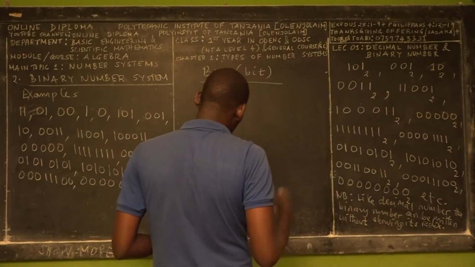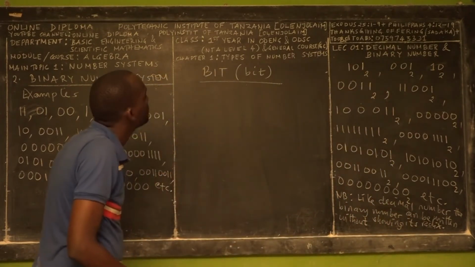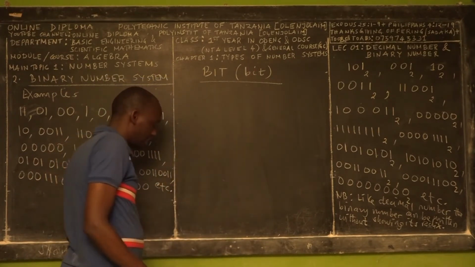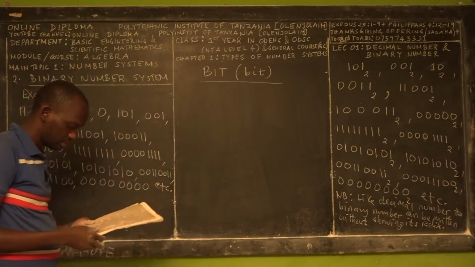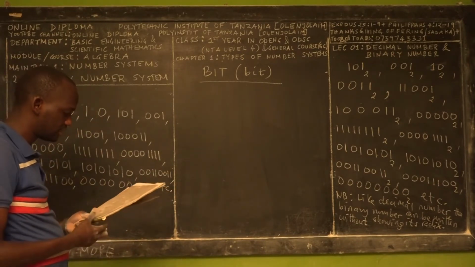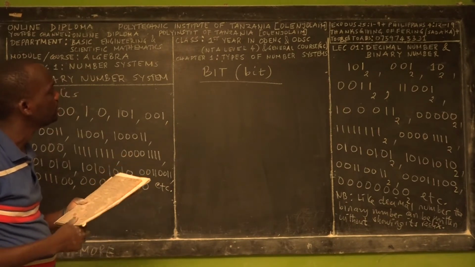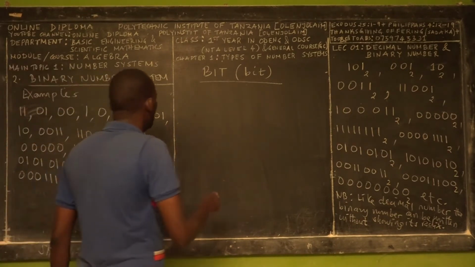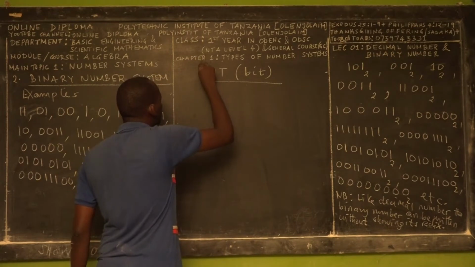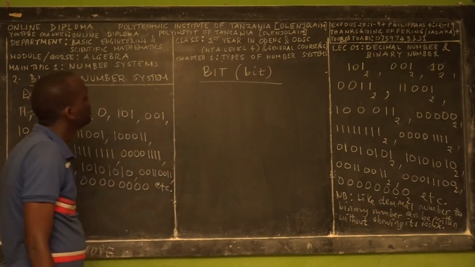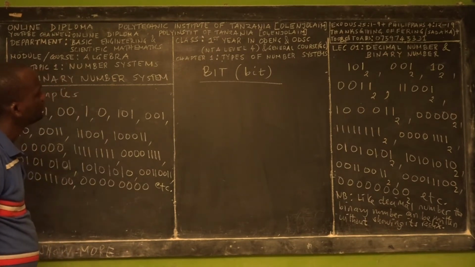You hear that these are 4 bits, these are 10 bits, these are 20 bits, these are 8 bits, these are 16 bits, etc. So we have a term called the bit. Say with me, bit. What is the meaning of a bit?